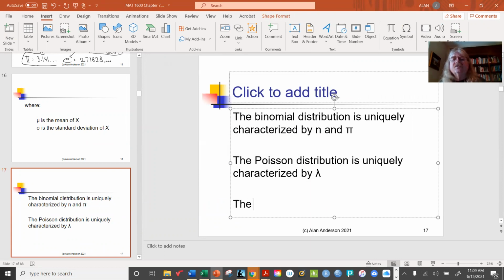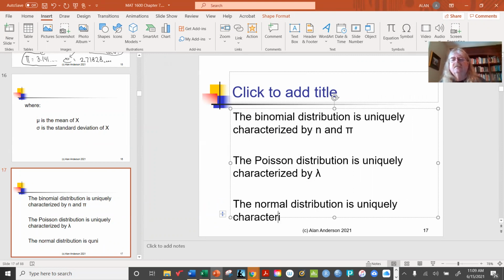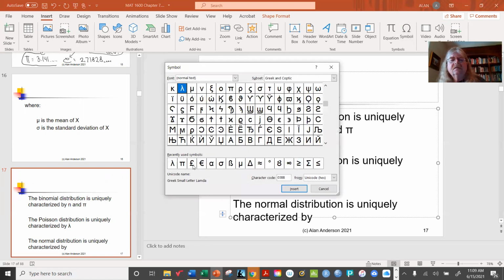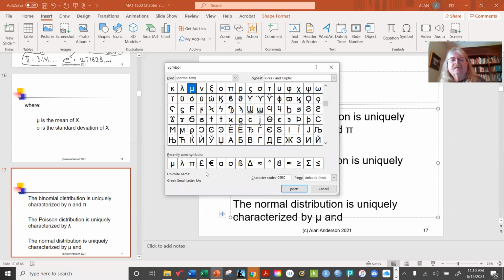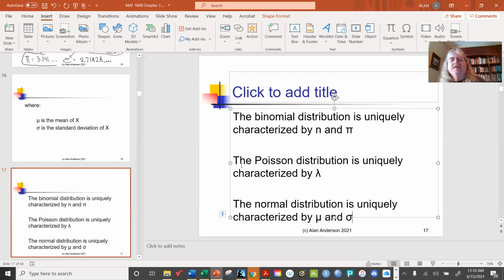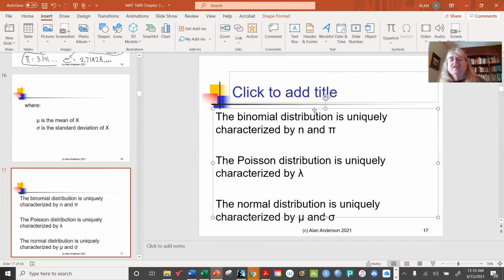And then for the normal distribution, we can say that it is uniquely characterized by mu and sigma.